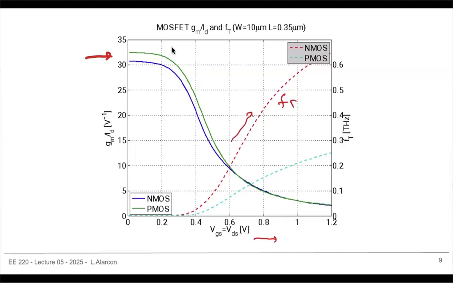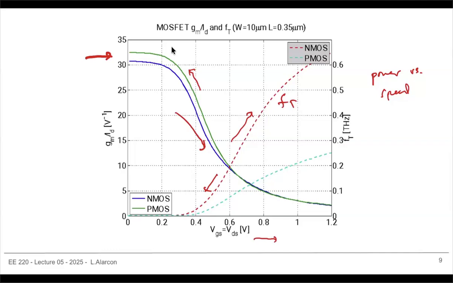Speed goes up as you increase VGS. So energy efficiency goes down, speed goes up, or the opposite: energy efficiency goes up and speed goes down. So inherently, you already see the power versus speed trade-off, even in the device itself. If I want a faster device, I will spend a lot more power. If I can back off in terms of speed, I can save power.